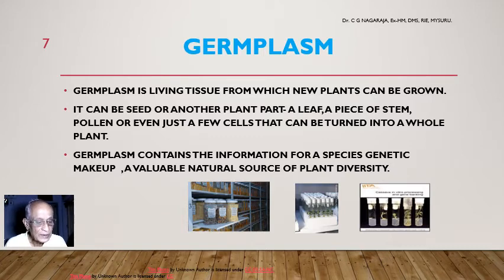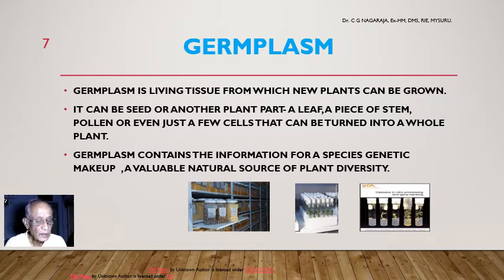And so they collect well-known varieties of germplasm. It may be anything, as I told you; any part of the plant may be germplasm, and even a single cell can become germplasm. Germplasm contains the entire information for a species, which has its own genetic makeup, and that is naturally available in the source of plant diversity.